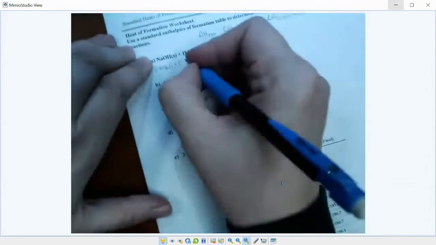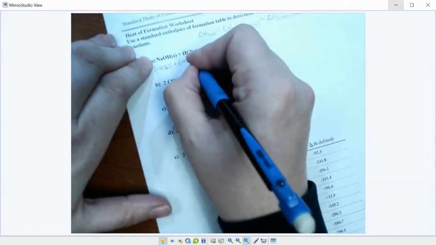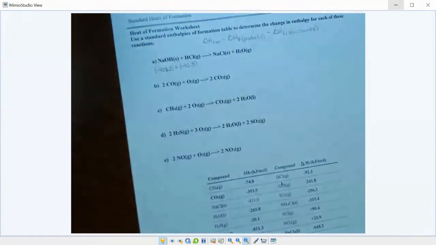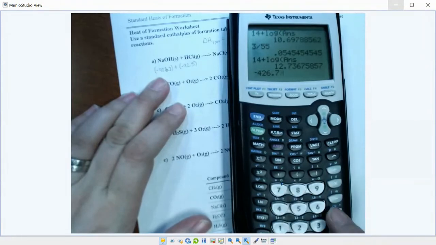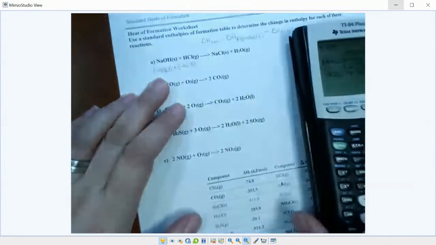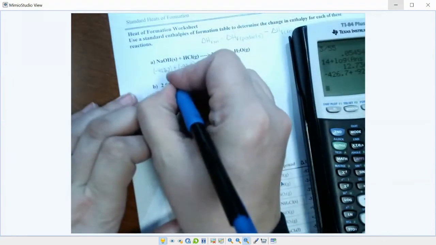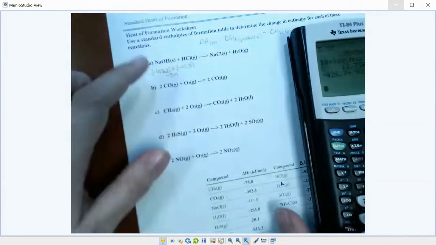So I find that down here, negative 92.3. So when I do that math, negative 426.7 plus negative 92.3, I get negative 519. So that's for the reactant side.